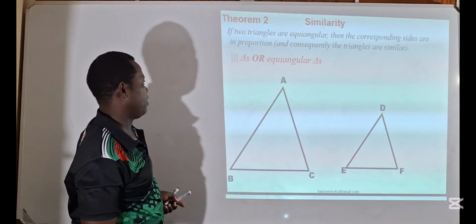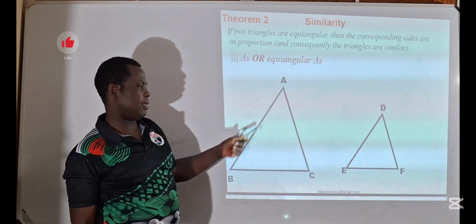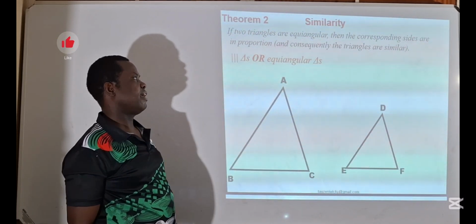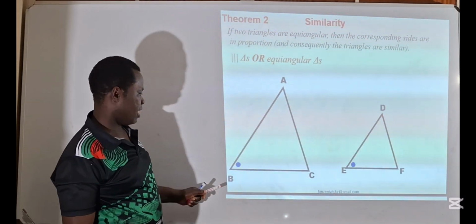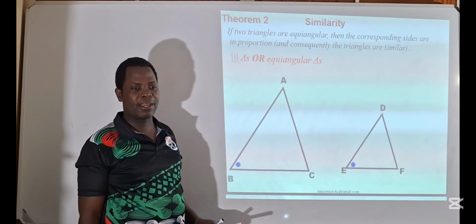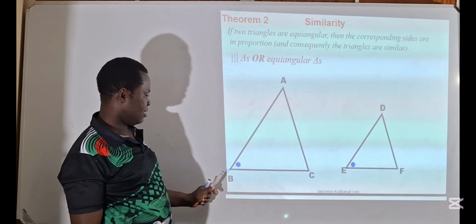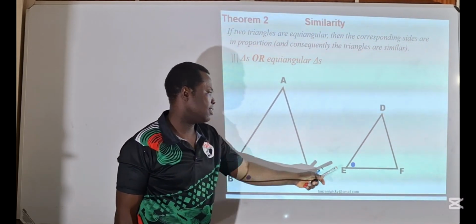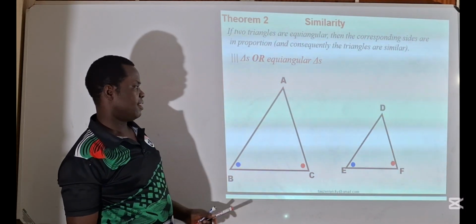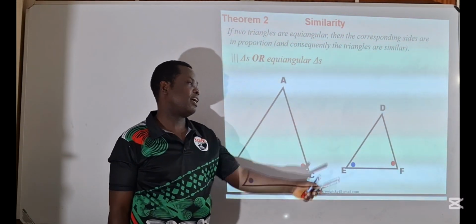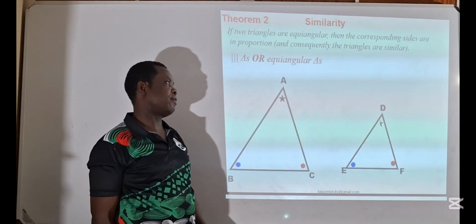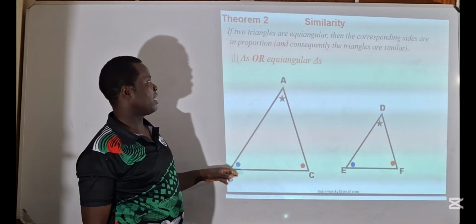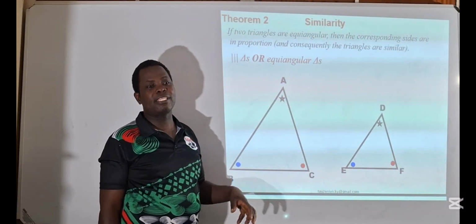So let's say here I have triangle ABC and I have triangle DEF. If it happens that the angles of these triangles are the same, that is, angle B is equal to angle E, then angle C is equal to angle F, it will follow that angle A is equal to angle D. Then these two triangles are called equiangular triangles.